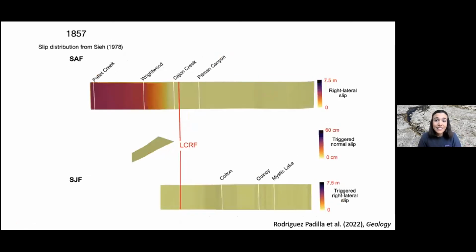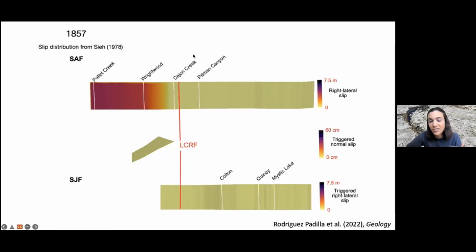Okay, but can the 1857 event be on the LCRF? We've argued that's not the case based on our pollen data, but let's take a look at what the 1857 event on the San Andreas would do to the LCRF. First, we try the slip distributions from Sieh 1978, which placed the earthquake ending before the Cajon Creek paleoseismic site up here.